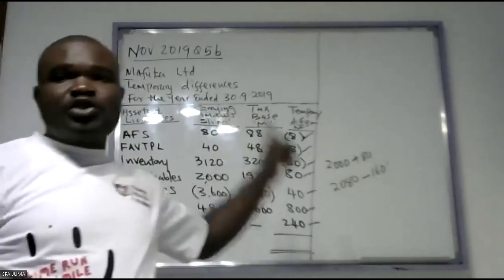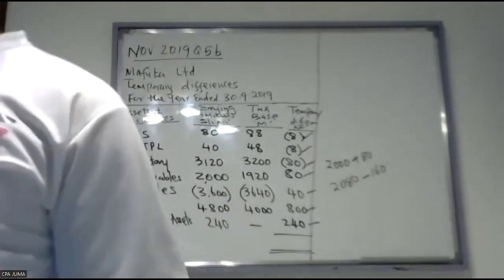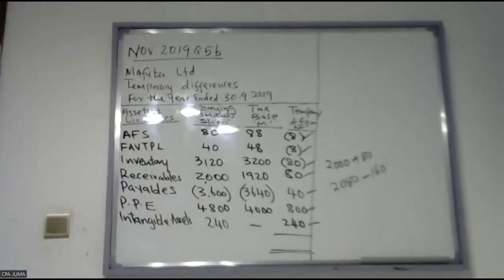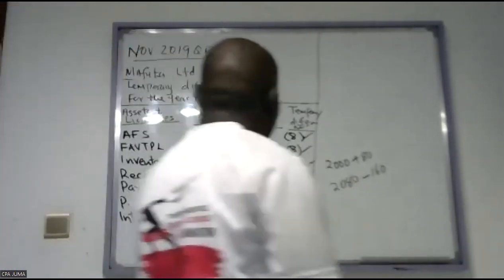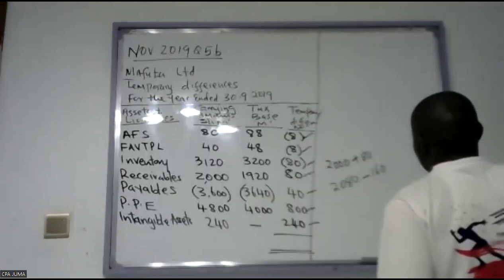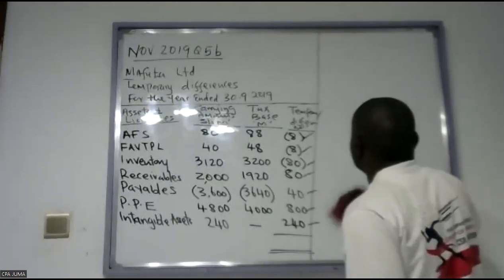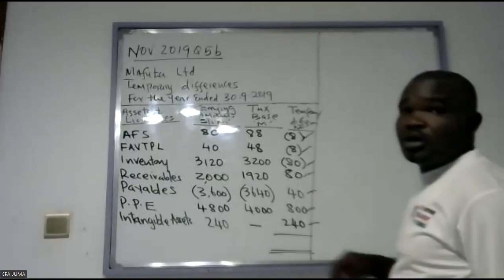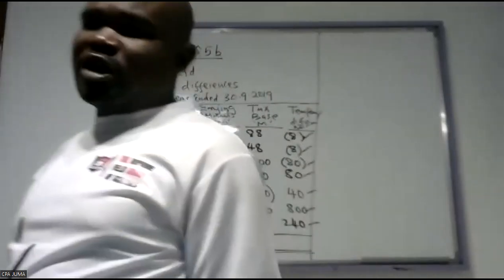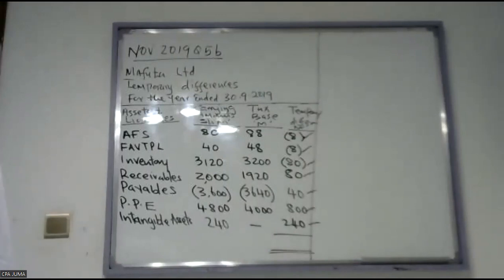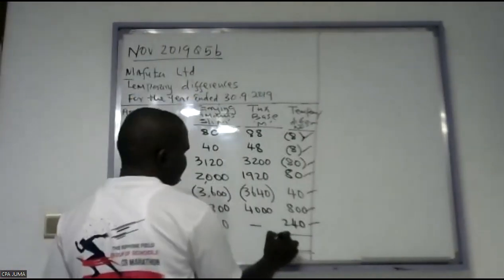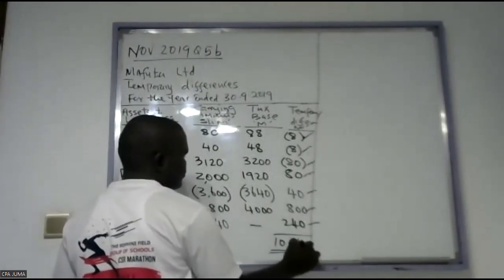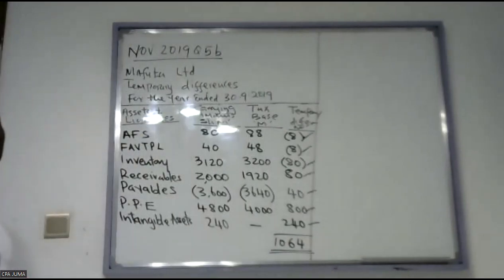So now give me the total temporary differences. The total will be how much? 1064.